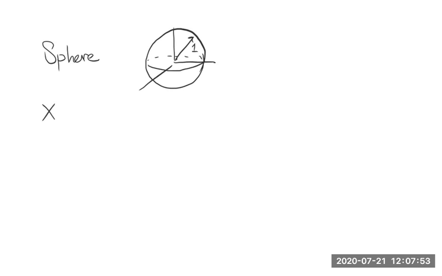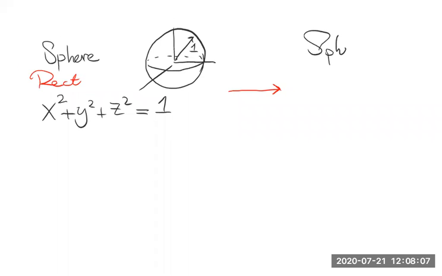The equation was x squared plus y squared plus z squared equals 1. This was an equation in rectangular coordinates. Now the question is, what would be the equation of the sphere in cylindrical coordinates?